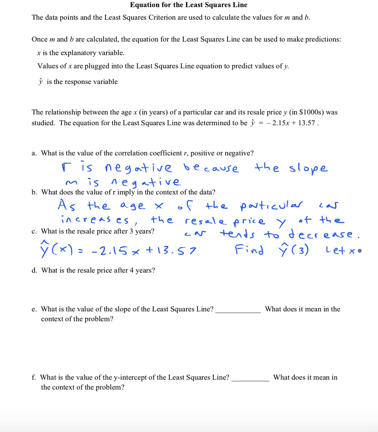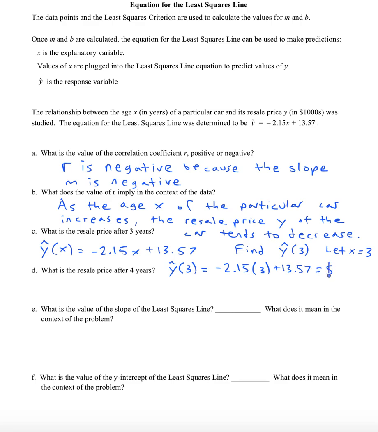Let X equal 3. Alright, so we want Y hat of 3 equals negative 2.15 times 3 plus 13.57. Okay, I get 7.12.